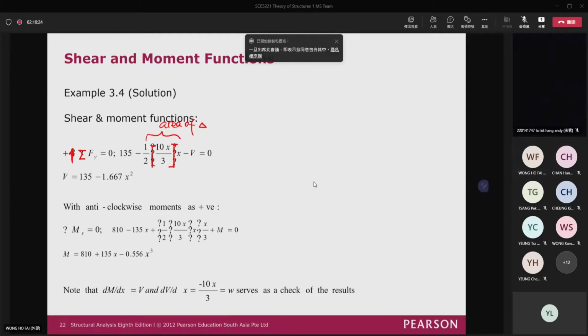And don't forget you have the V here. This is the shear that we want to find, because we want to find the shear function along the beam. So from here, if you rearrange the terms, you can find the shear function is equal to 135 minus 1.6667x squared.